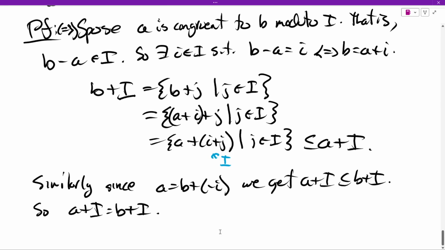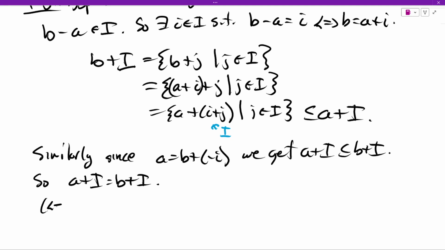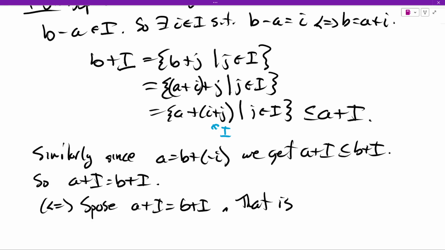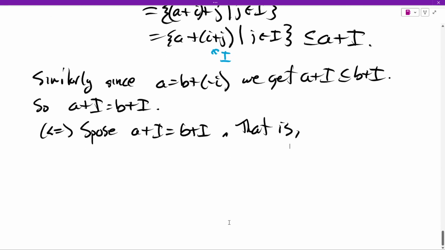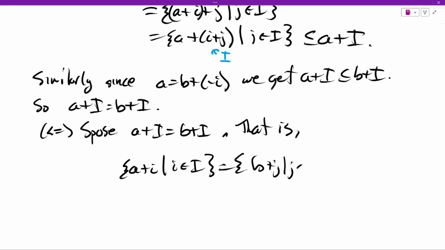Let's do the reverse direction now. Suppose the cosets are the same. That is, on the left-hand side, A plus little i's, i in I, is the same as B plus little j's, j in I. Great.